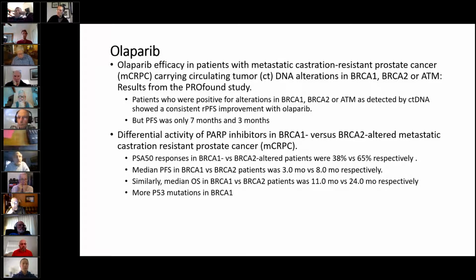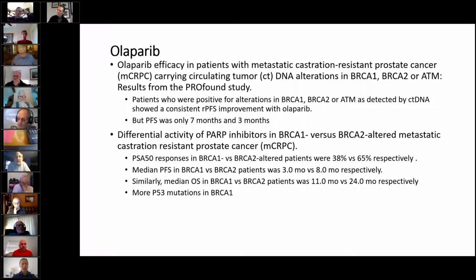Okay, and olaparib, being a PARP inhibitor, one of the class of PARP inhibitors, really has been touted for a lot of different effectiveness to cause synthetic lethality with many different mutations.